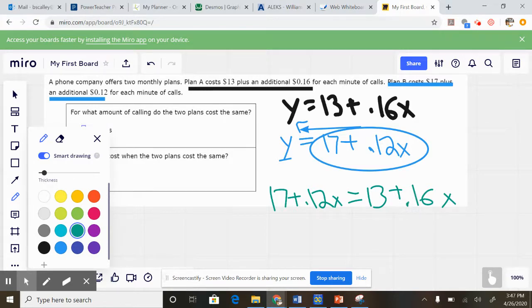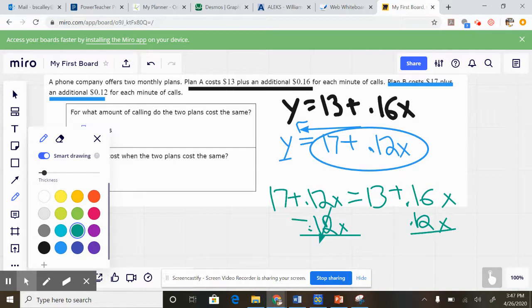And so now I have x's on both sides of the equation. I don't like that, so I'm going to subtract 0.12x on both sides.